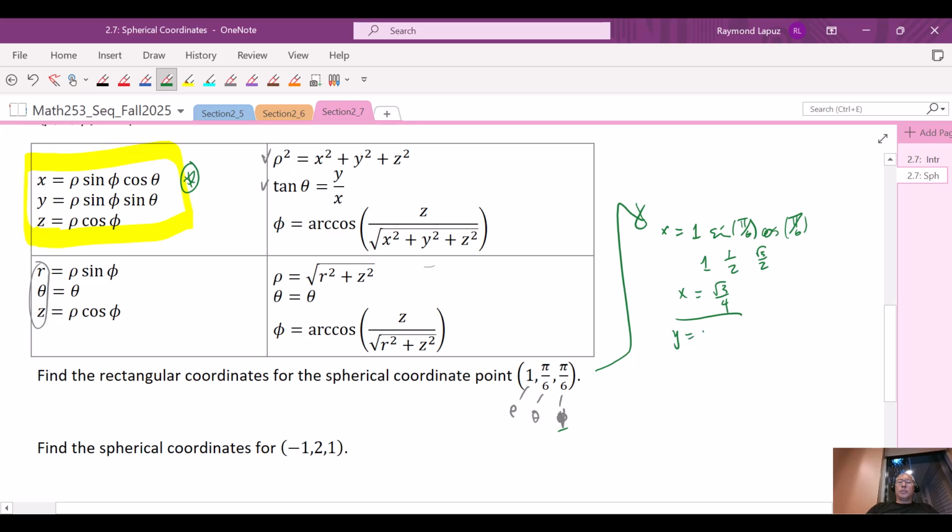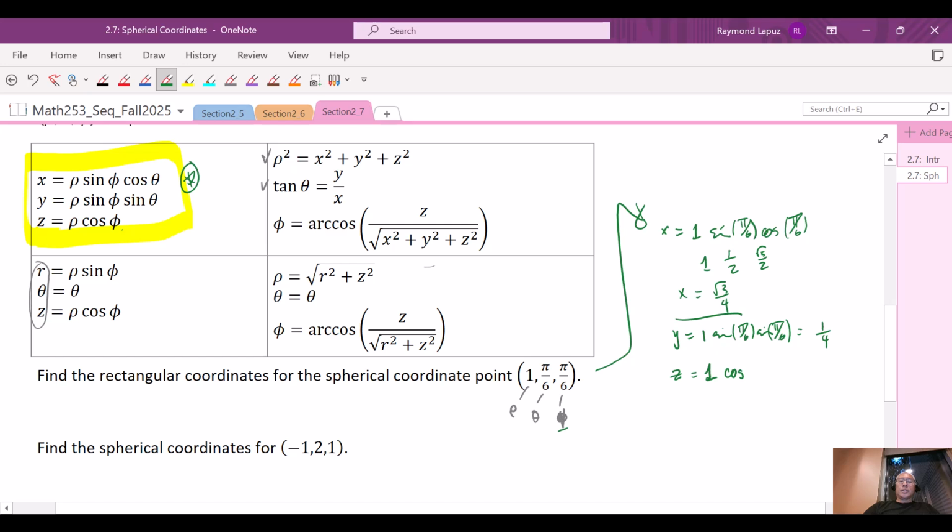All right, so we'll get our y. y is equal to 1, and then now we have sine phi sine theta. That's sine pi over 6 sine pi over 6. Sine pi over 6 is 1/2. 1/2 times 1/2 is 1/4. And that's your y. And then your z is going to be rho times cosine of phi.